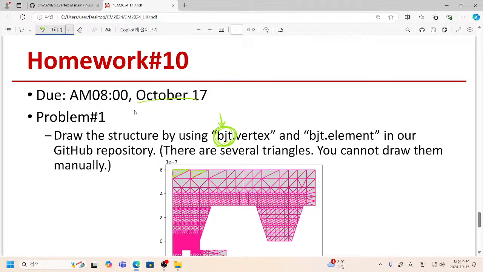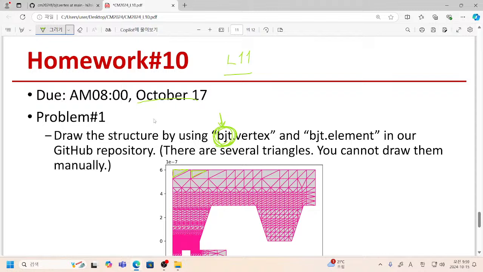If not, then let me wrap up today's lecture a little bit early, and let me make an advertisement for our lecture 11. If you do it successfully, now you have the device structure. Then you can try to solve a certain partial differential equation on that domain.